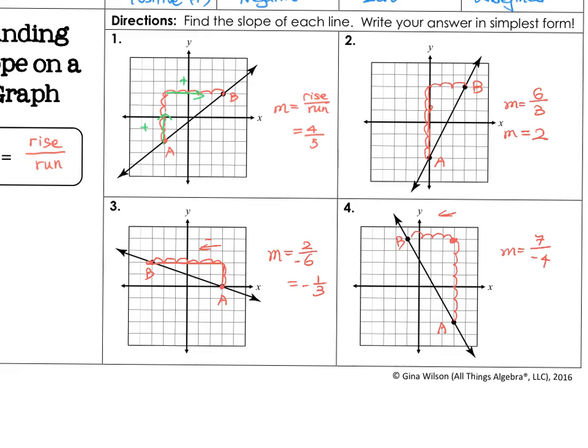Now, I want you to compare. If this were a mountain, 1 and 2 are uphill. Therefore, their slope is positive, right? 3 and 4 is when Miss Birch is rolling downhill, is negative. Okay, let's look at some more examples.